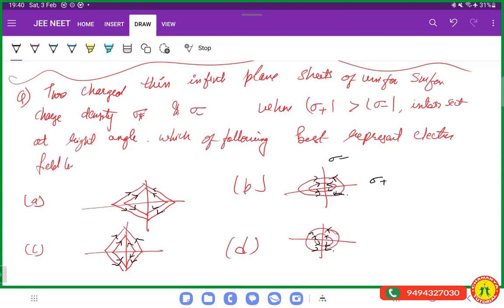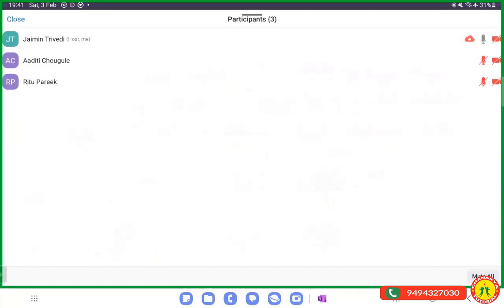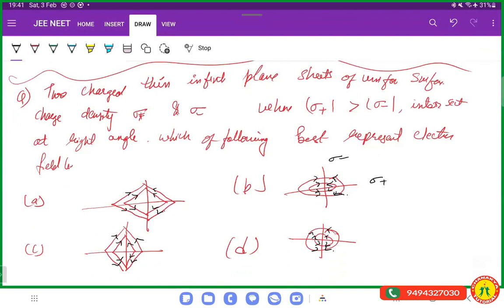Tell me. Yes, good. Right or wrong doesn't matter. You will think, then only you'll get some ideas to solve. Why do you think B and why C? Ritu, why did you say B and C? What are your thoughts?